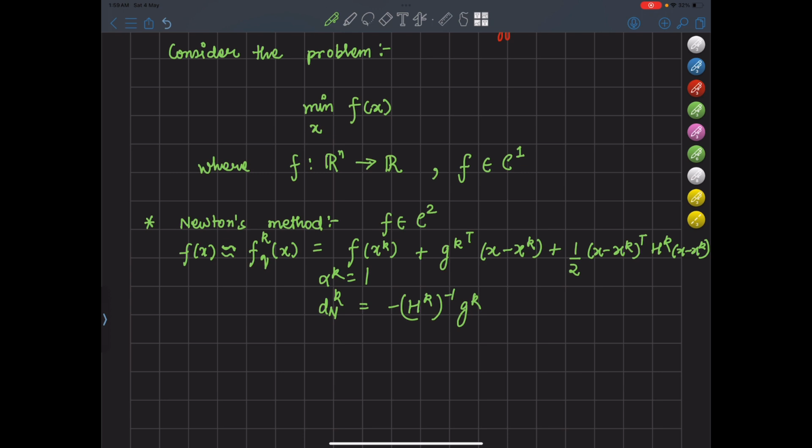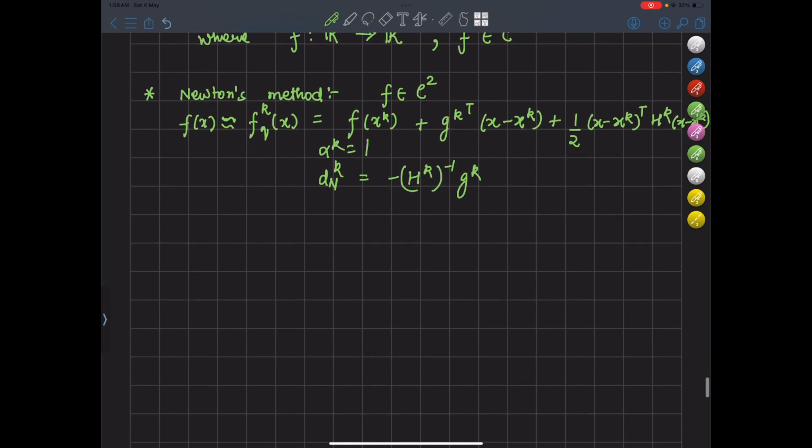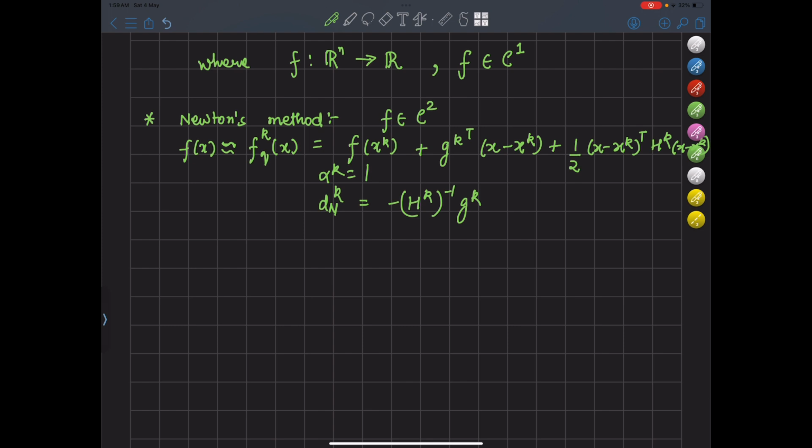So for Quasi-Newton method, we change this quadratic model slightly. So for Quasi-Newton, f is only required to be continuously differentiable. That is, it should belong to C1.